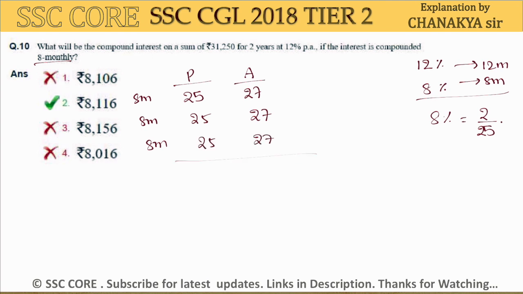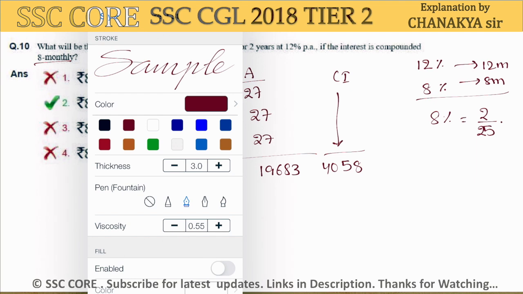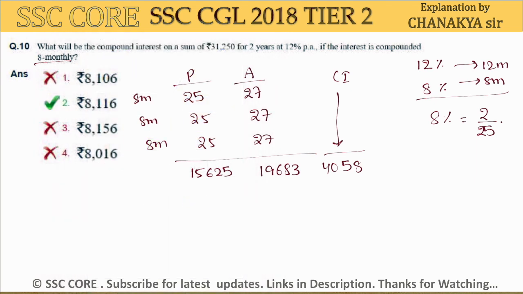25 into 25 into 25, 25 cube 15625 becomes amount 27 cube 19683. So compound interest is 19683 minus 15625, 13 minus 5, 8, 504, 4058 rupees is interest. But in the given problem, principal is 31250.